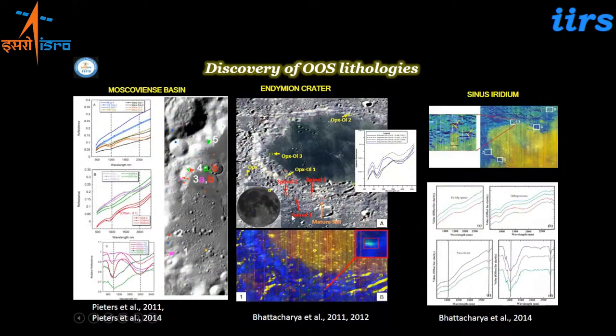And these are the various color composite images and the locations of the spinel detected from Moscoviense and Endymion craters. And this is another location, Sinus Iridum, where this type of lithology has been reported.